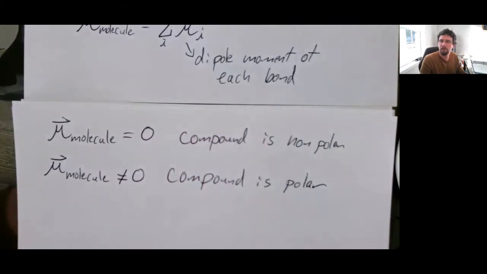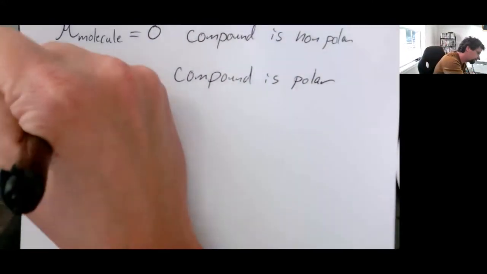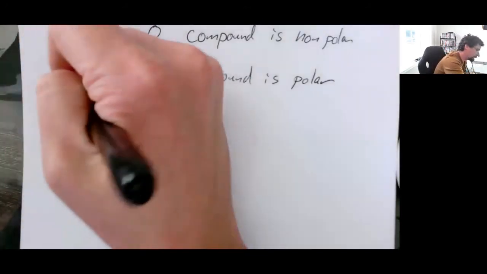Before we do that, let's look at some Lewis structures and decide if something is polar or nonpolar. So an example of this, we're going to look at two isomers. We're going to look at dichloroethane, explicitly 1,2-dichloroethane.